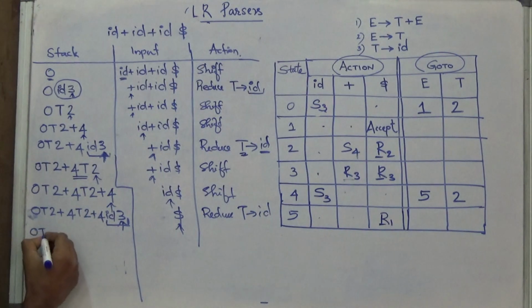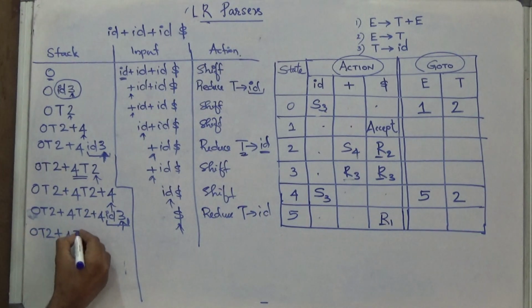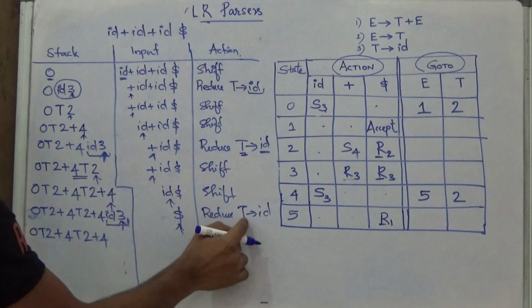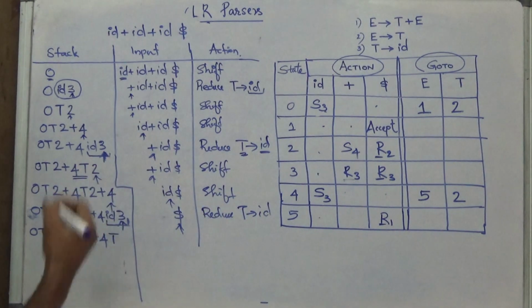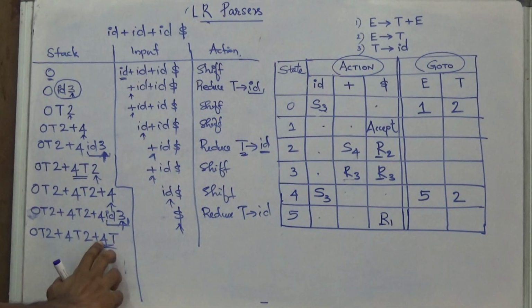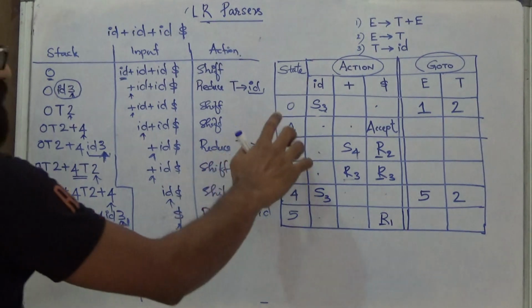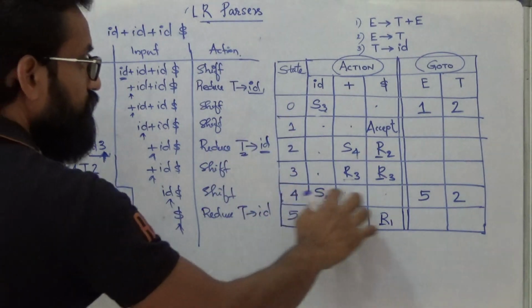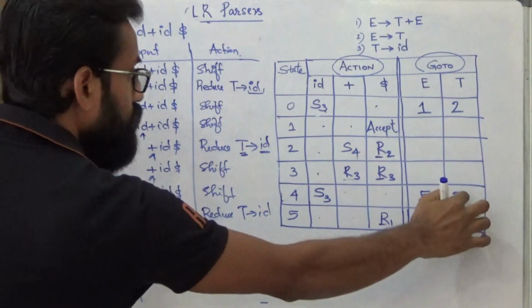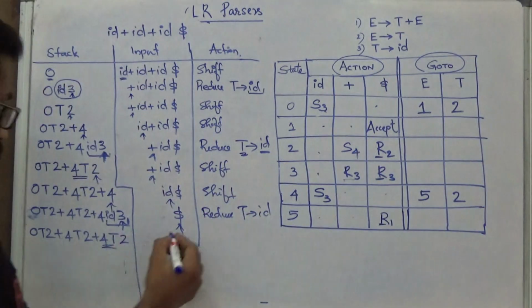So 0T2 plus 4T2 plus 4 gets popped, and the left hand side of the production T gets pushed into the stack. Since it performs a reduction operation, it will apply go to. What is go to 4T? 4T is actually 2. So that 2 will be pushed.